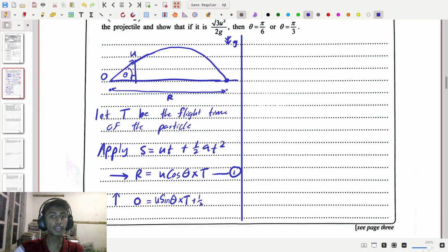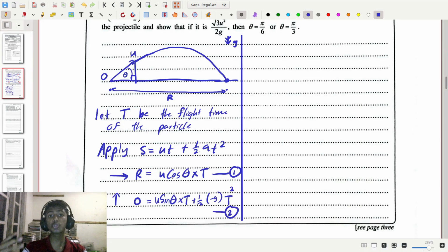But in this case, notice that the acceleration g is in the downward direction. Now if we took the upward direction as being positive, then the downward acceleration g is going to be negative. So what we actually have here is plus half negative g for the acceleration a times t squared, which in this case is capital T squared. And this is going to be equation number 2.